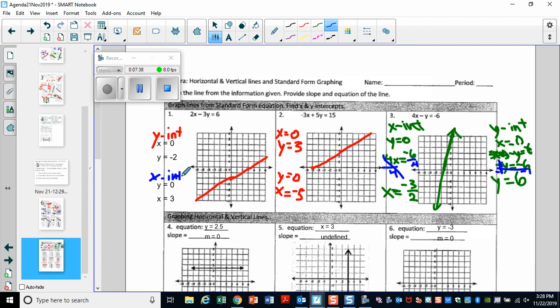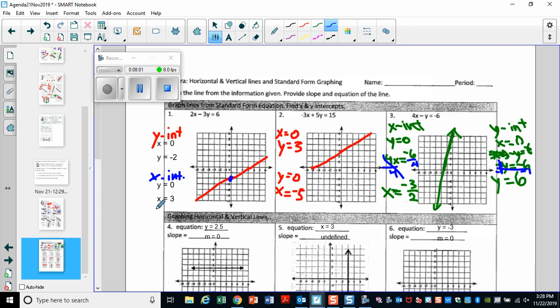So if y is 0, of course this term goes away, and then you're just left with 2 times x equals 6. So 2 times what number gives us 6? Voila, x equals 3. And there's your 2 intercepts, (0, -2).